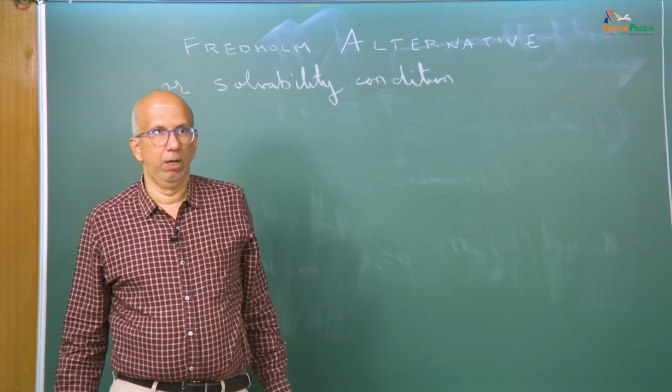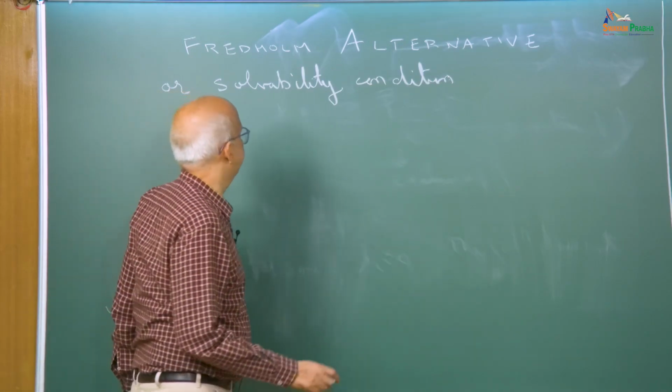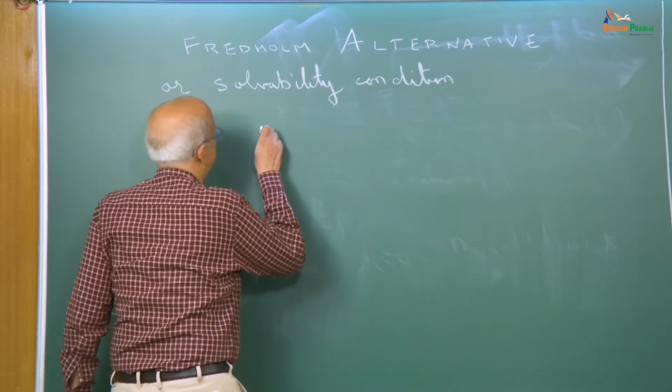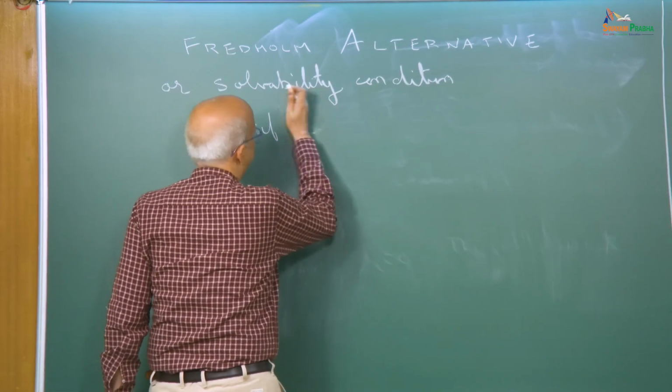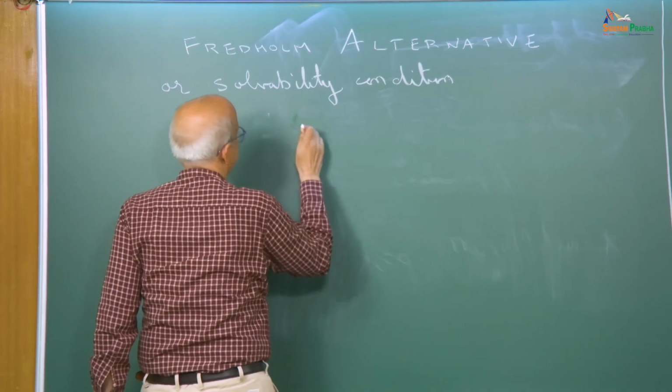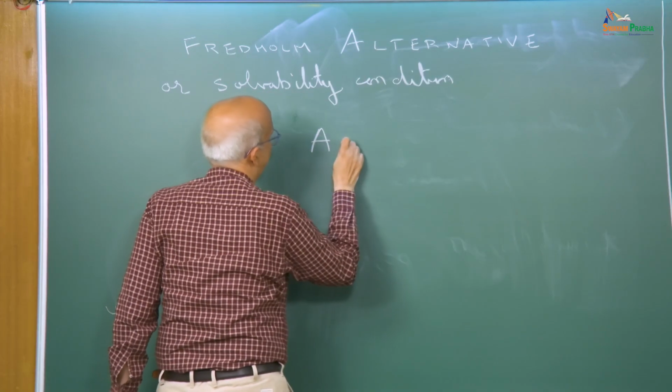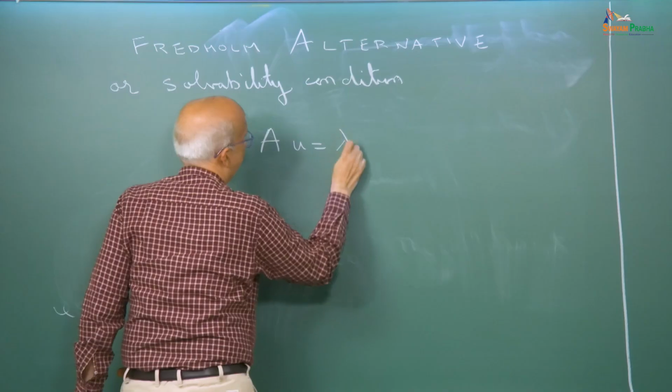Okay. Now, let us look at this problem. Au equals lambda u.